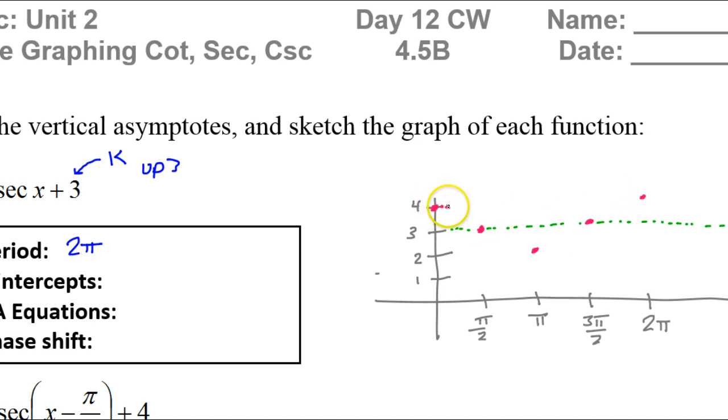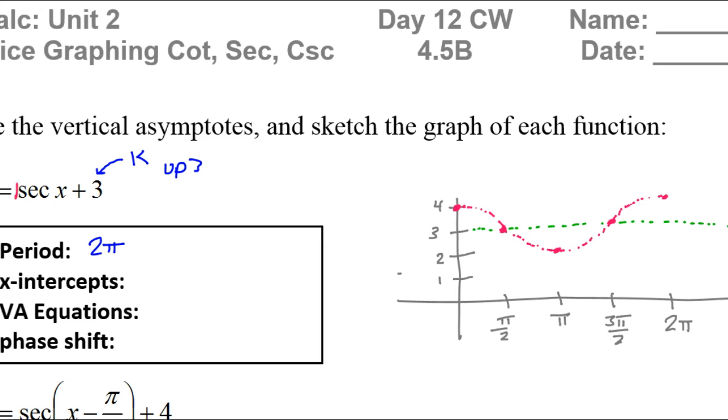So I am going to just draw the faintest, lightest possible version of cosine that I can, because this is not the answer, but this is a guide that will show me where to put my secant function when I graph it.